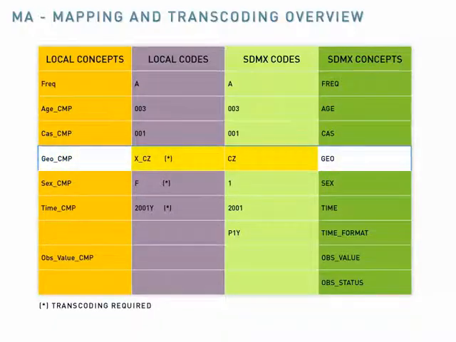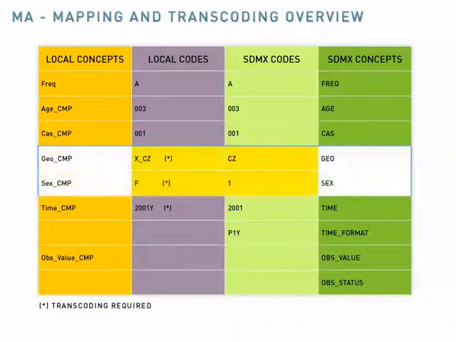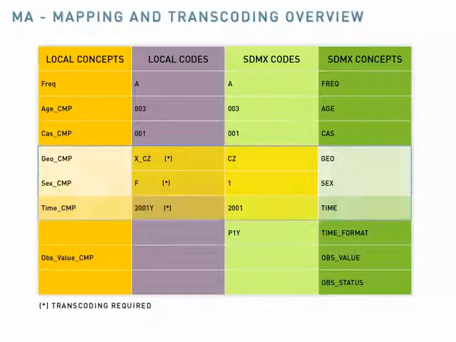The local concept geo_CMP is mapped to the SDMX concept geo. For the geo and sex code lists, transcoding has to be done between the local codes and the SDMX codes. The codes of the time period concept time also need transcoding.